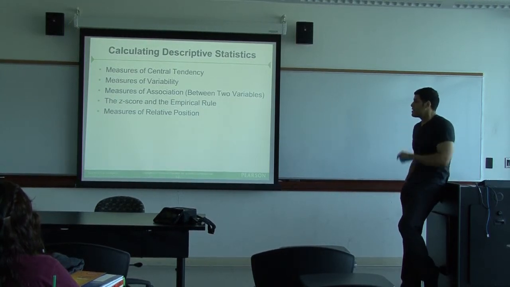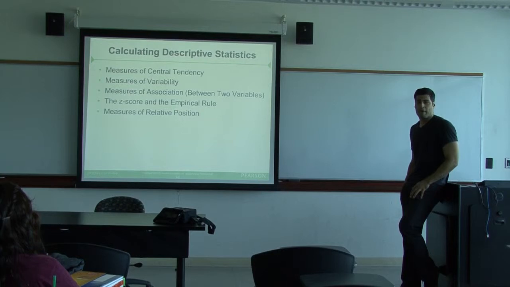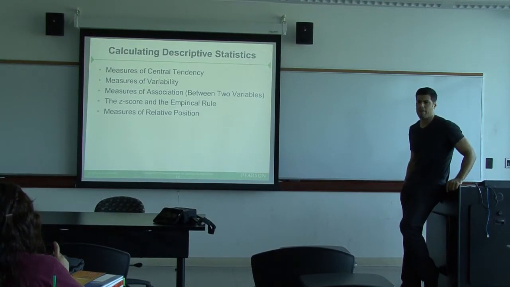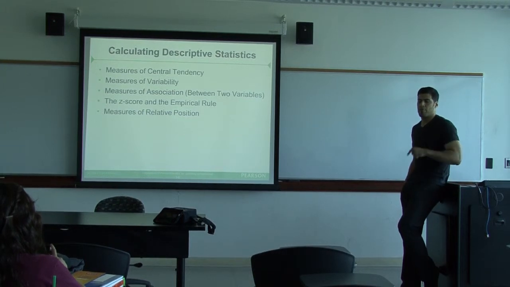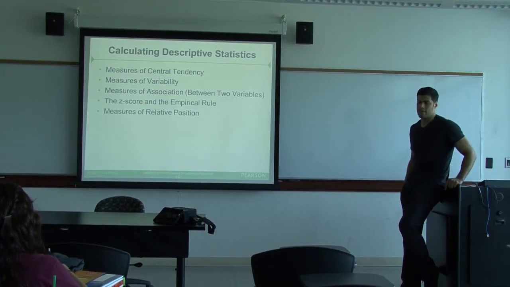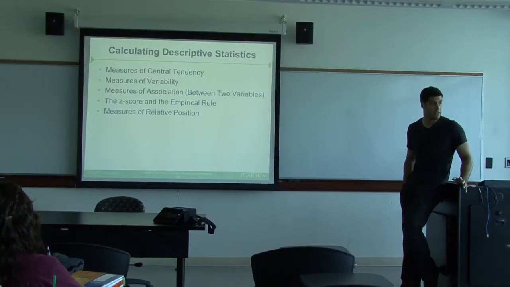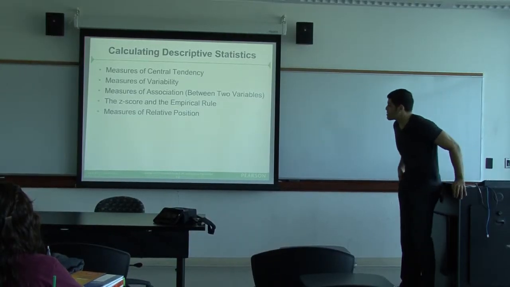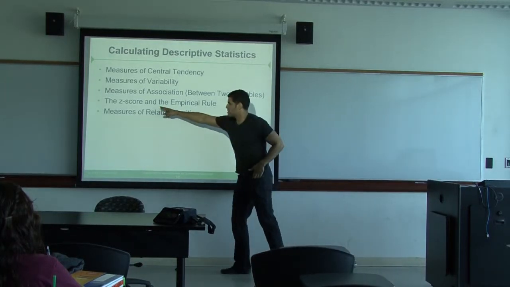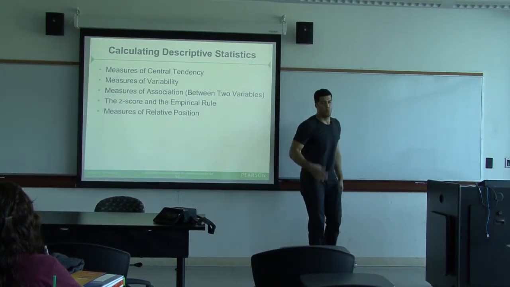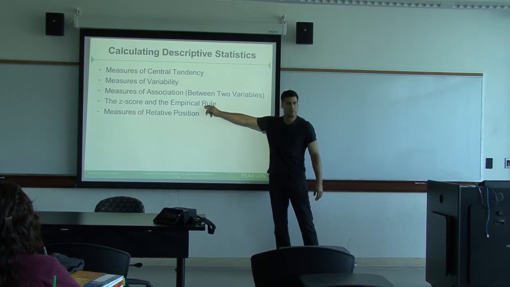That one topic, maybe the single most important discussion we're going to have, is also a very short one, because we're going to revisit it again in chapter 6, then in chapter 7, then 8, then 9, then 10. Basically, after the midterm, we're going to be seeing the z-score every single day here. So we're going to spend some time on that. It's very important that we understand what the z-score is within the context of the empirical rule.